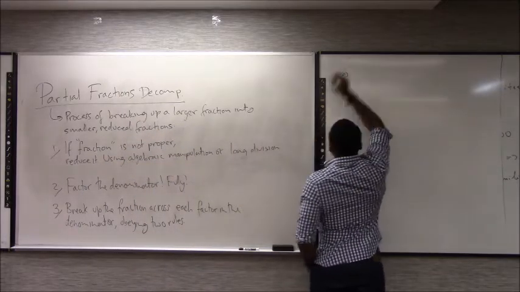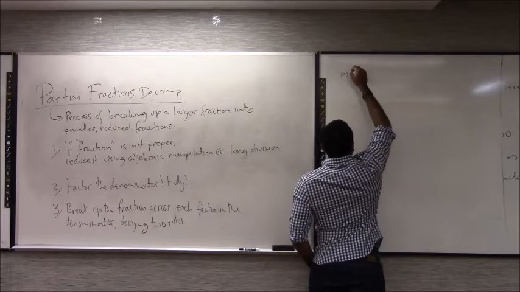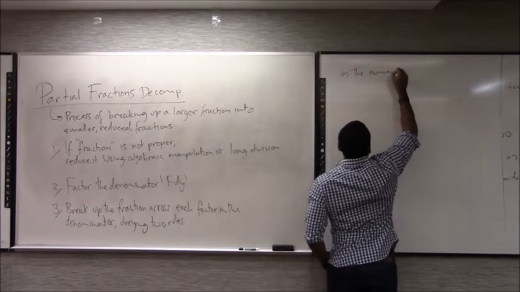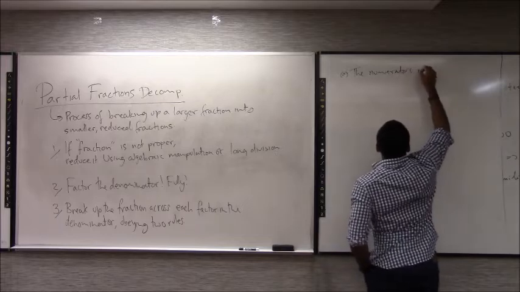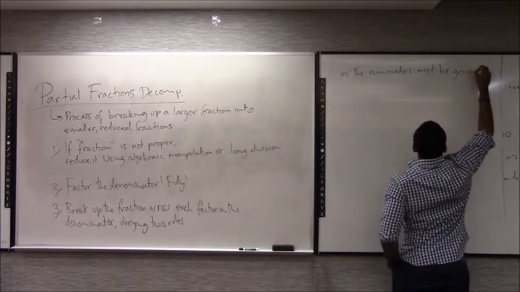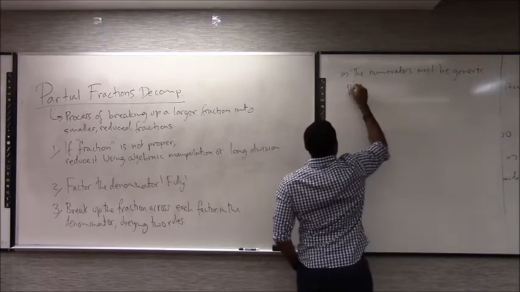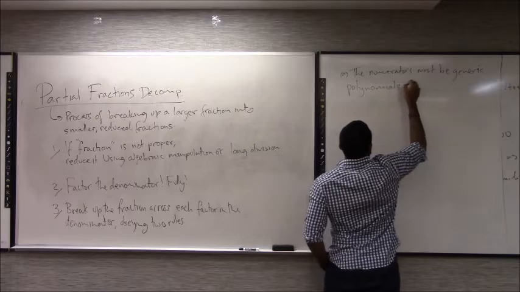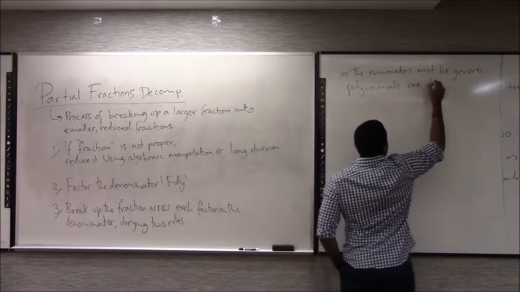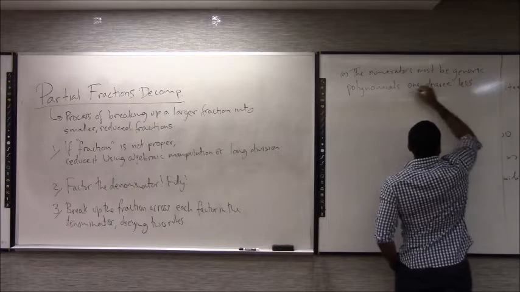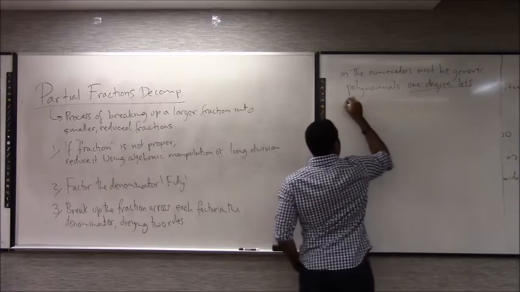So A, the numerators must be generic polynomials, one degree less than the denominator. Specifically one degree less.